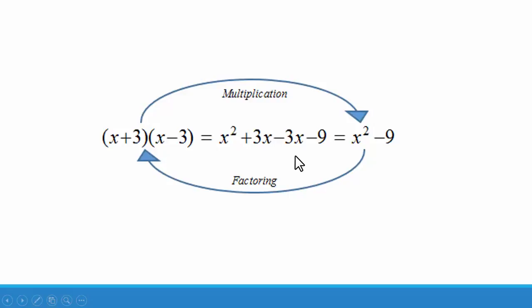Then if there were any terms to combine, we would combine them. Notice the two terms in the middle, 3x and negative 3x, are like terms, and when you combine them you get 0. So we're left with x squared minus 9. Notice this is a difference, subtraction, of two squares, x squared and 9, which is 3 squared.